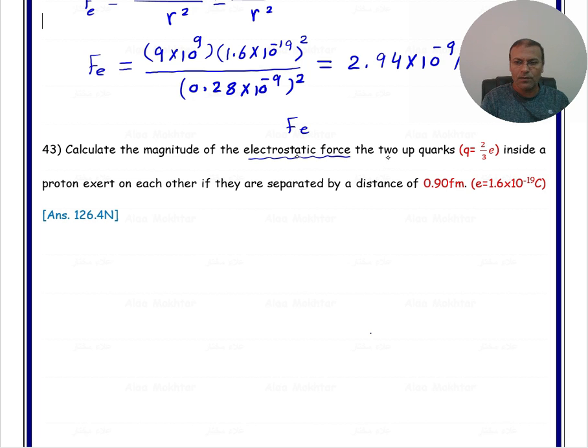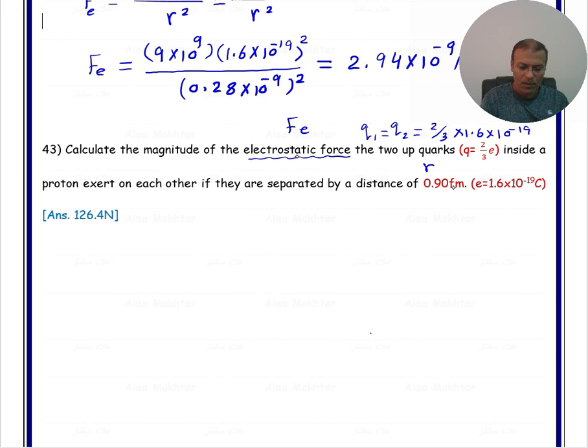Between two up quarks, the charge of one quark is 2/3 e, where e is the elementary charge, equal to 1.6 times 10 to the negative 19. So the two quarks, or two charges, Q1 equals Q2 equals 2/3 times 1.6 multiply 10 to the negative 19, inside a proton, exert on each other if they are separated by this distance.